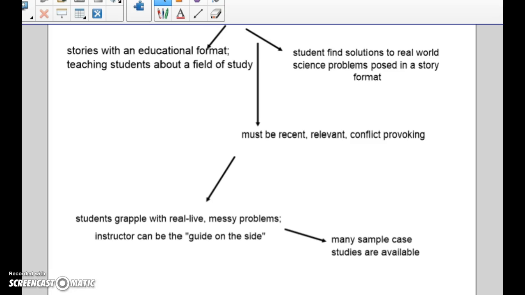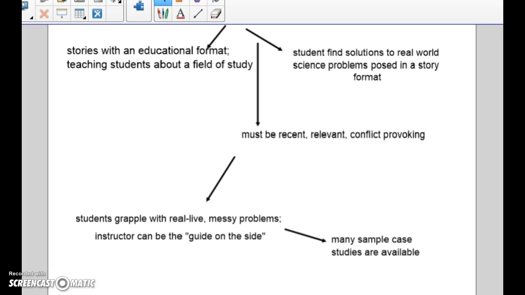Or the instructor can be the guide on the side and simply pose a question to students and then help them set up some method of working through the problem and then presenting their information in a discussion, a debate, a public hearing, a trial format. So there are lots of different options there, and the instructor doesn't have to be the one doing all the talking.